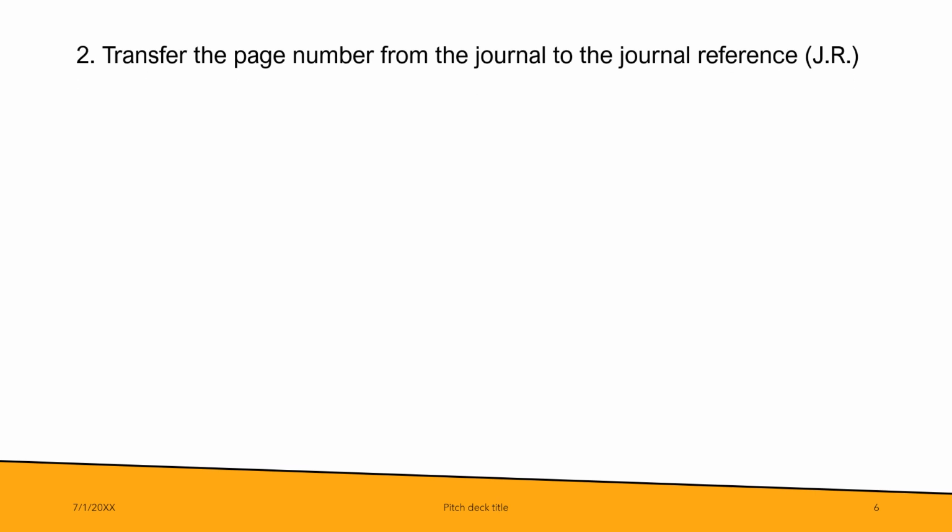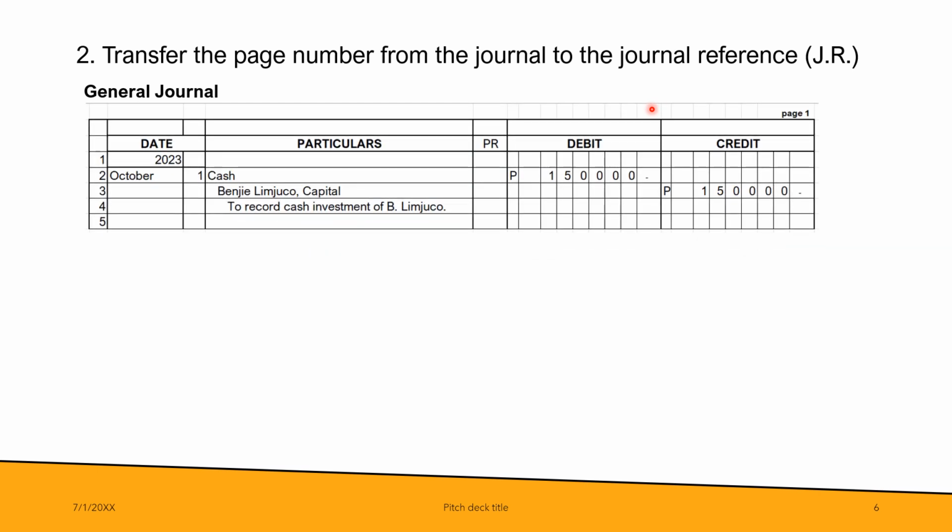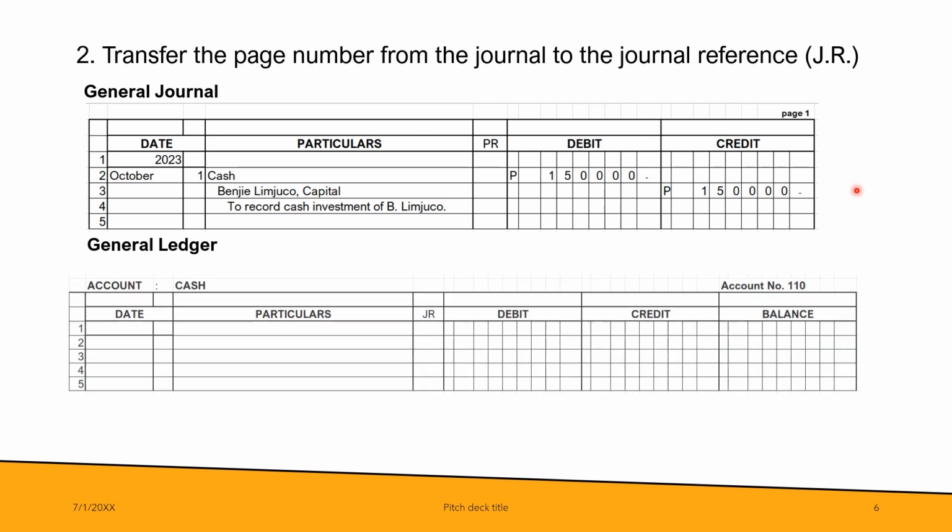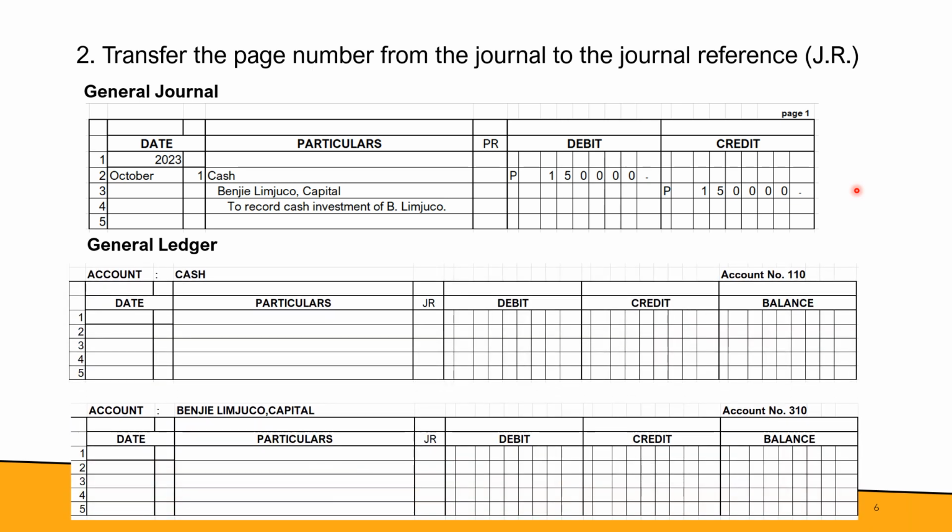The next procedure is to transfer the page number from the journal to the journal reference. Since we are using the first page of the general journal, that will be our journal reference. Based on procedure number 2, we transfer the page number.